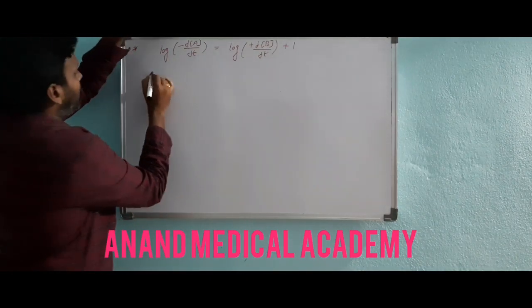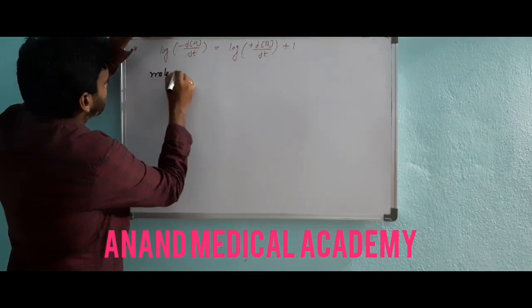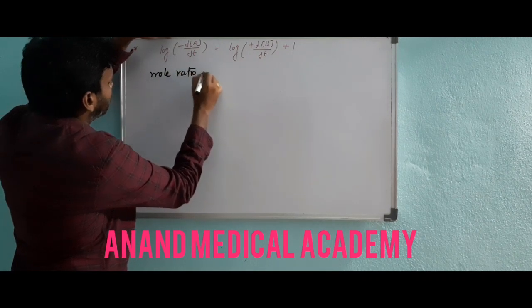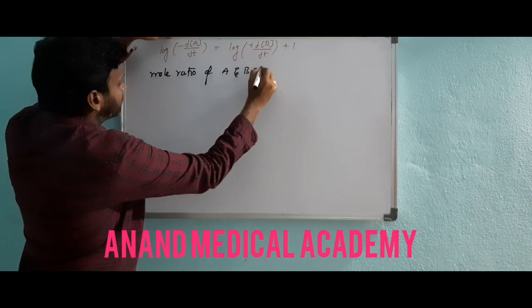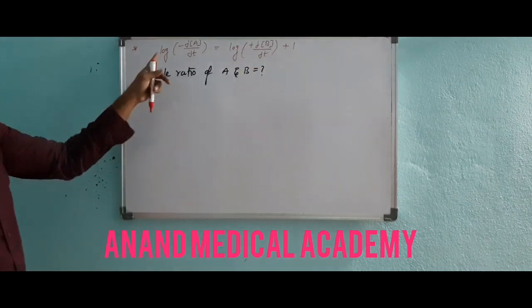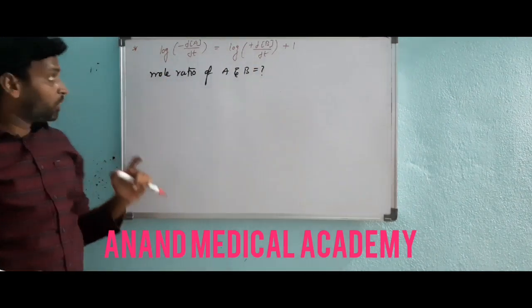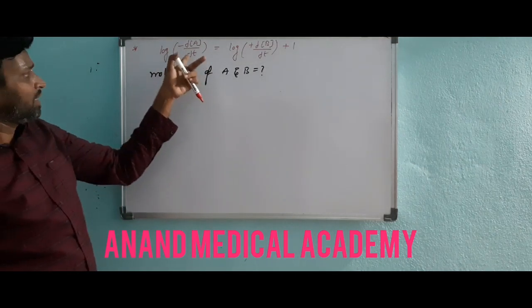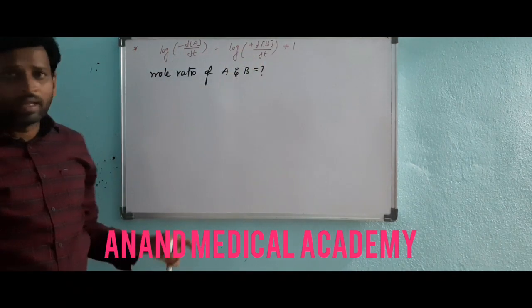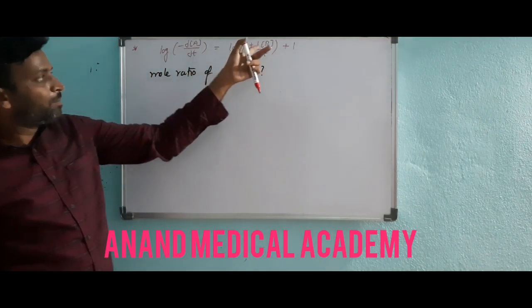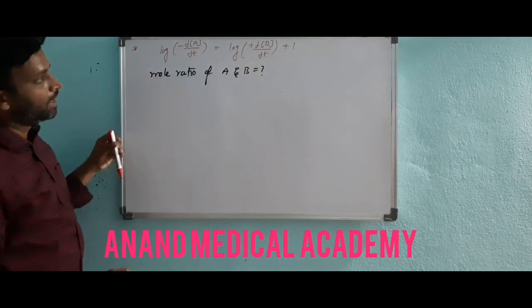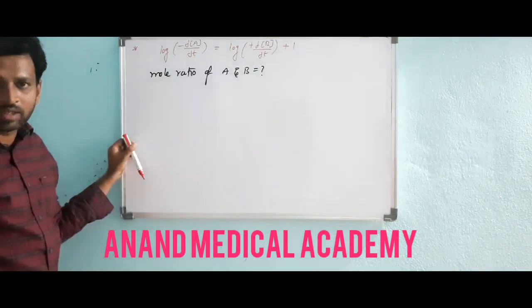So here they are asking the mole ratio of A and B. Only this was given, important, and they gave the rate in logarithmic form. Getting what I am saying?